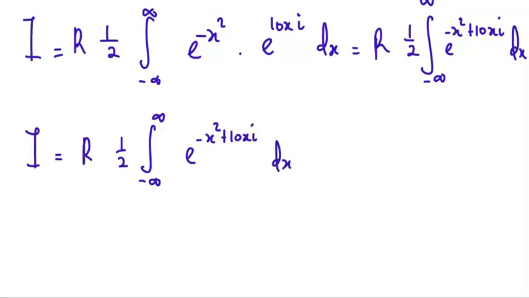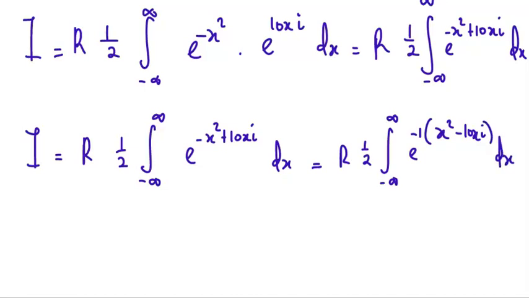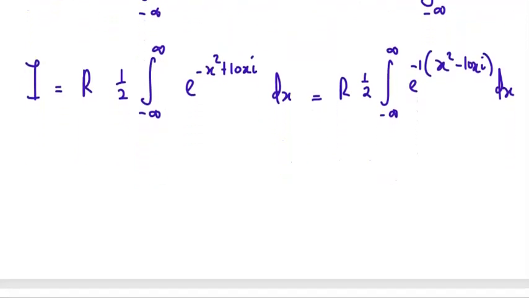We can write this as the real part of 1 over 2, the integral from negative infinity to positive infinity, e to the negative 1 into bracket, x squared minus 10xi, dx.